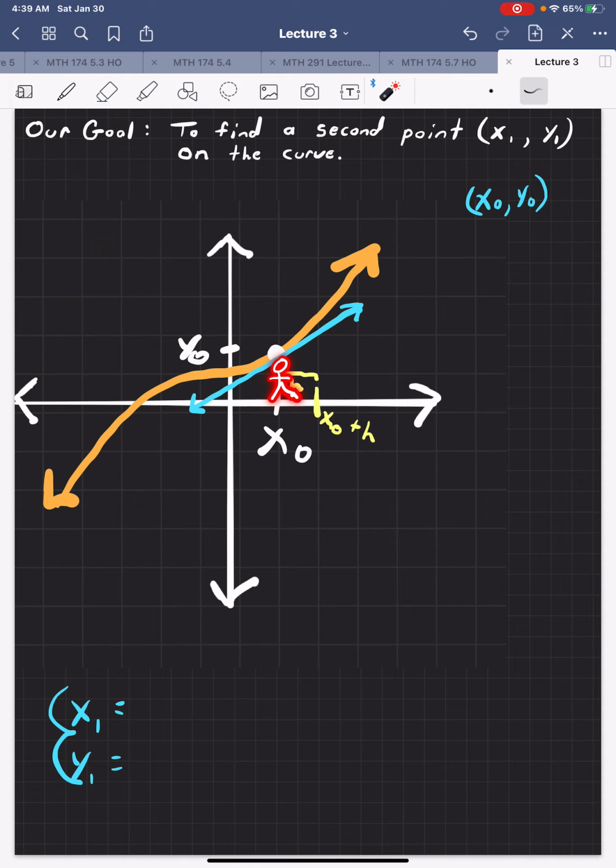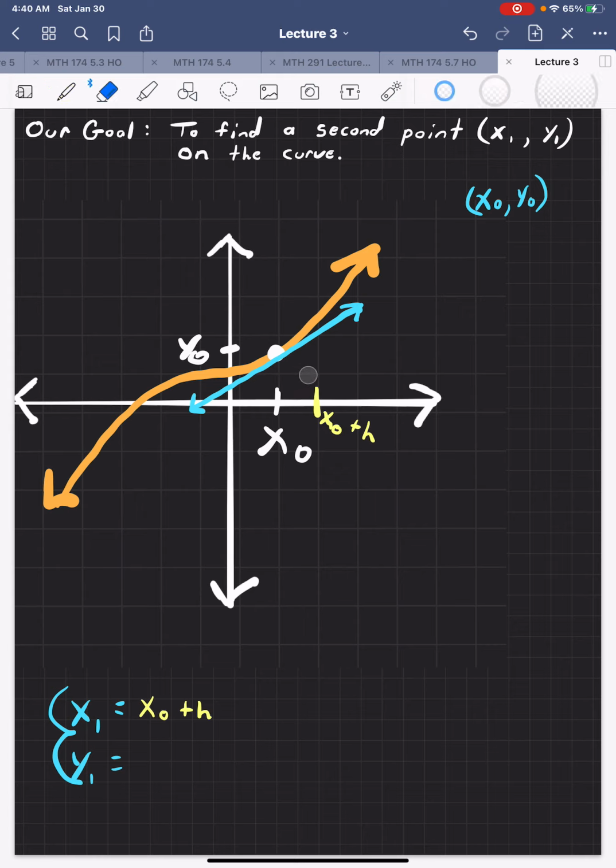So depending on where you started, your new position would be where you started plus 2. So x sub 1 is simply going to be x sub 0 plus h, right? And again, we're going to let h be very, very small.